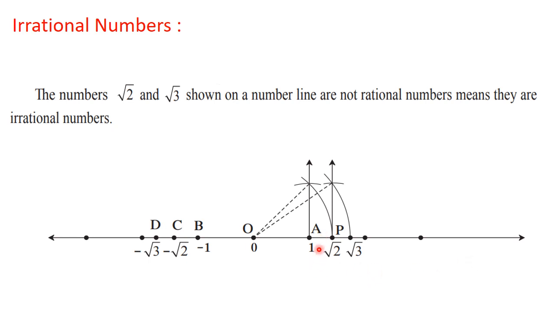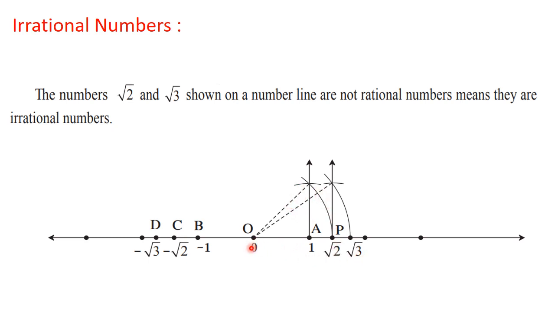Now see how this root 2 is shown here on the number line. For this you need to do the construction. Such questions we have in the practice set. At that time we are going to see it better. But now I am explaining in short how this root 2 is shown here and how root 3 is shown here.